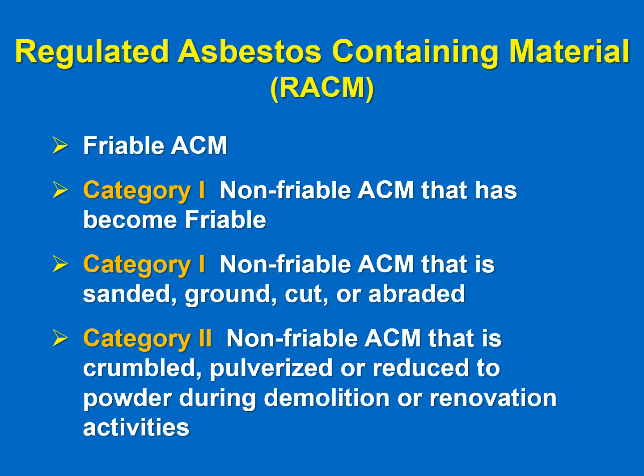Now, Category 2 is non-friable ACM that is crumbled, pulverized, or reduced to a powder during demolition or renovation activities.